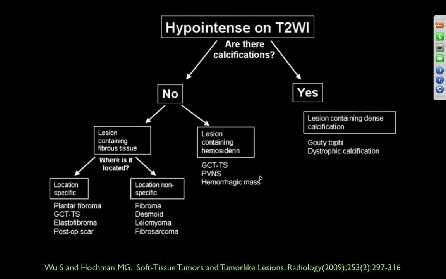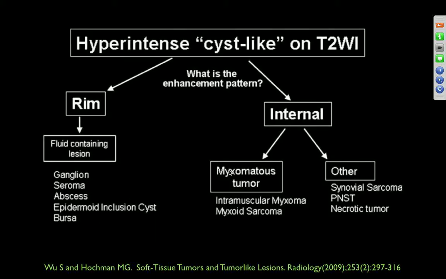So this can be a little bit helpful. And then the hemosiderin containing lesions are typically giant cell tumor, PVNS, and hemorrhagic masses. If you have hyperintense on T2 weighted image, I'd like to look at the pattern. If it's just a rim pattern, so that you have a nice sharp rim around it, then you're really dealing with focal fluid collection.